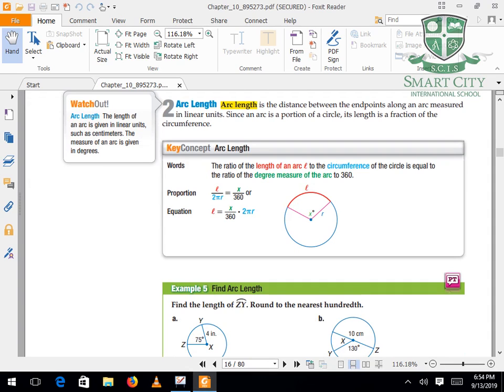Arc length, as we just spoke about, is the distance between the two endpoints along an arc, measured in linear units, since an arc is a portion of a circle. And this portion is proportional to the central angle opposite to this arc.